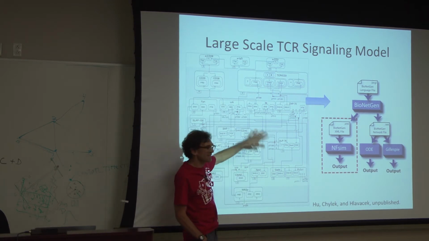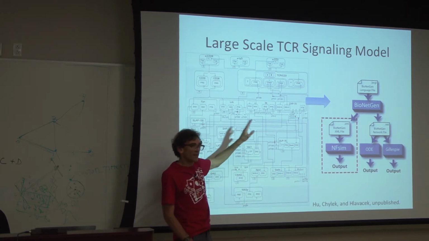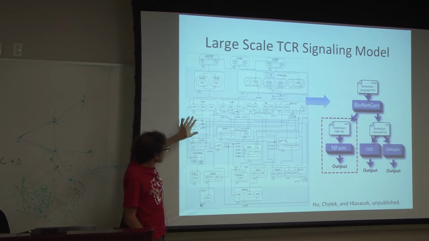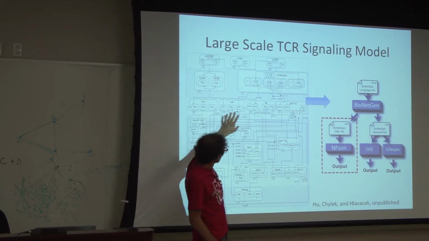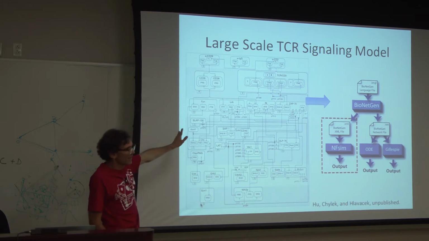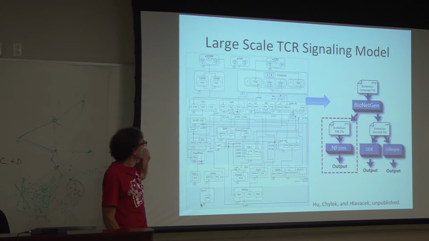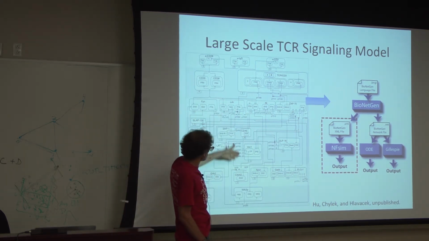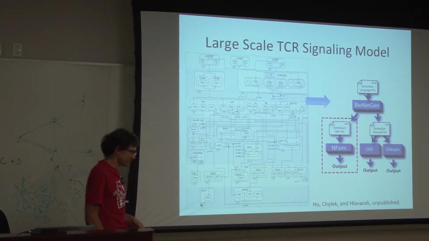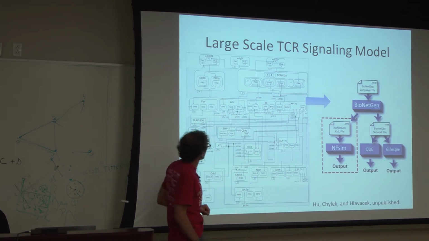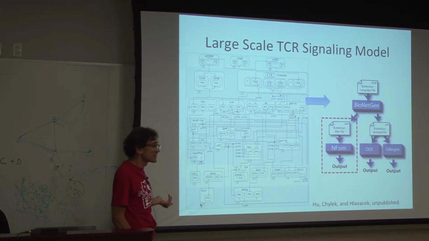This is only what happens in 60 seconds, long before you have any transcription, translation, and so forth. It's unbelievably complicated. And we don't really know at this point how much of this we need to understand a given response, how much of it contributes to the decision of a T cell, for example, to become anergic or to become activated, just to throw out an example of a physiological behavior.